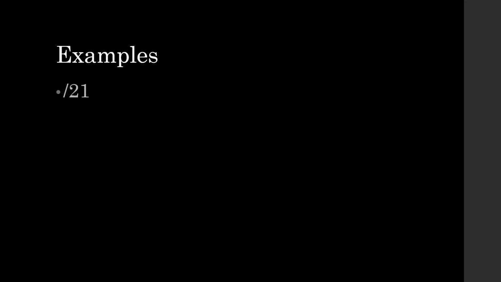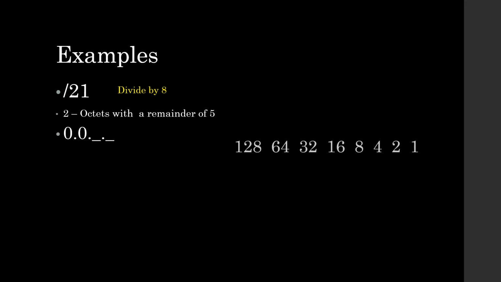For our second example, we have /21. We divide 21 by 8, which gives us 2 octets with a remainder of 5. That means we have 2 zeros and 2 blanks for the third and fourth octets. We use the sequence again, and based on the remainder we count to 5, which gives us 8, because the fifth number from the sequence is 8.